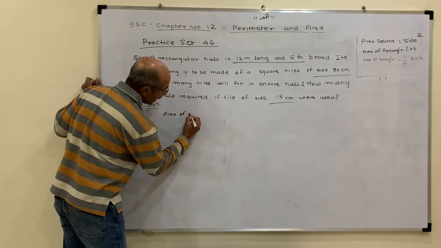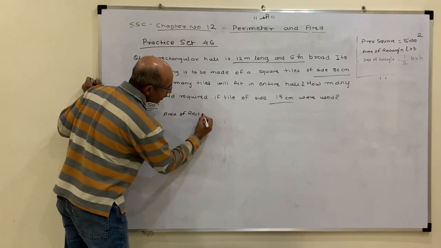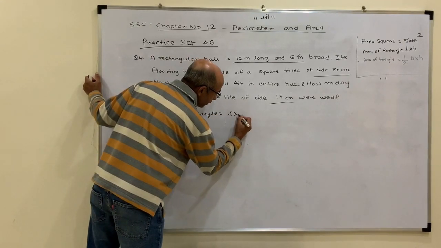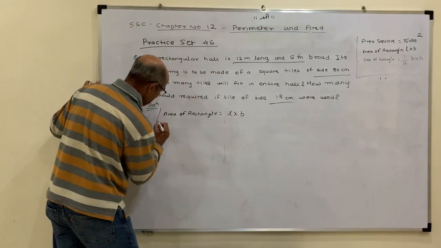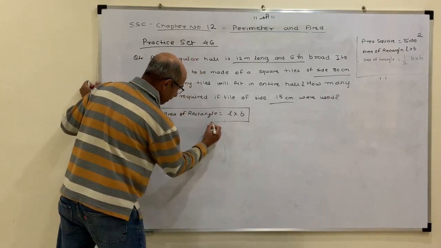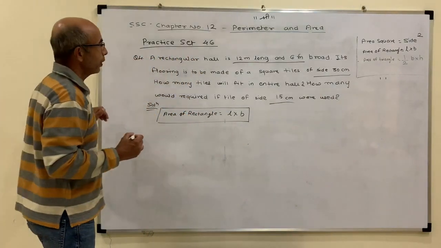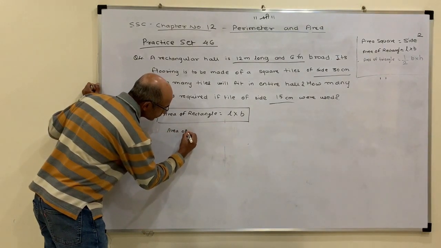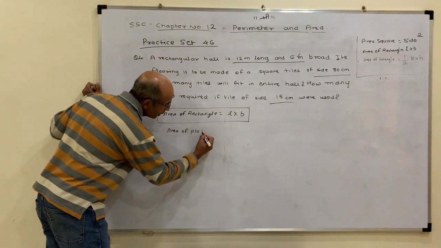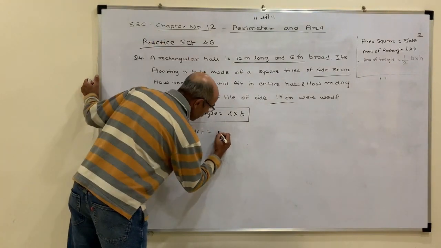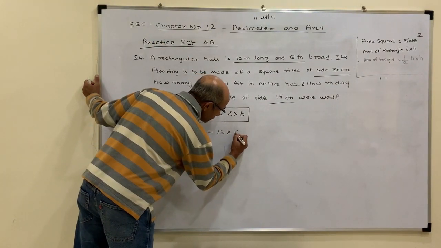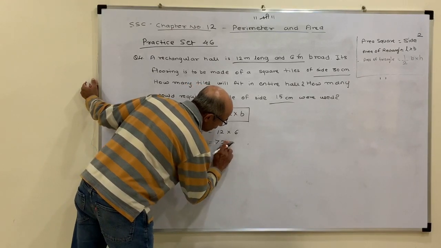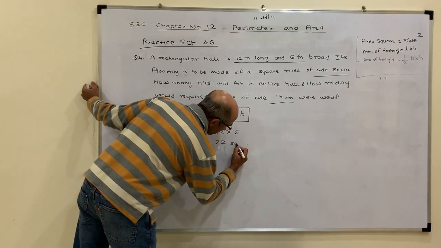Area of rectangle equals length into breadth. We make square to this. So area of the hall equals 12 into 6, that is 72 square meters.